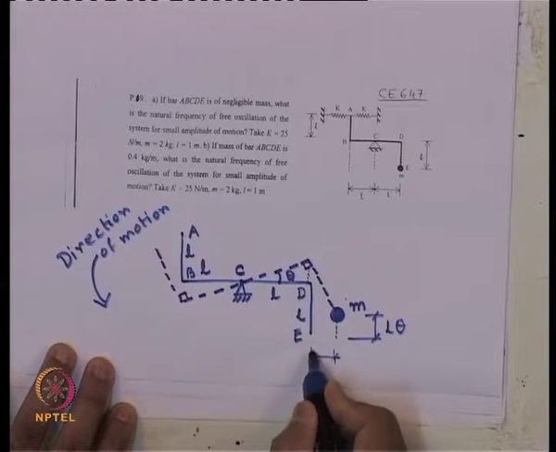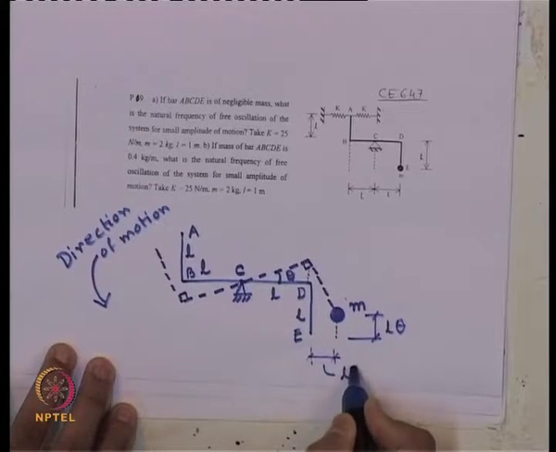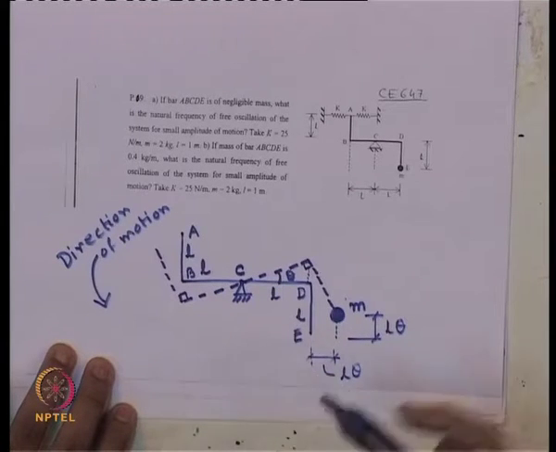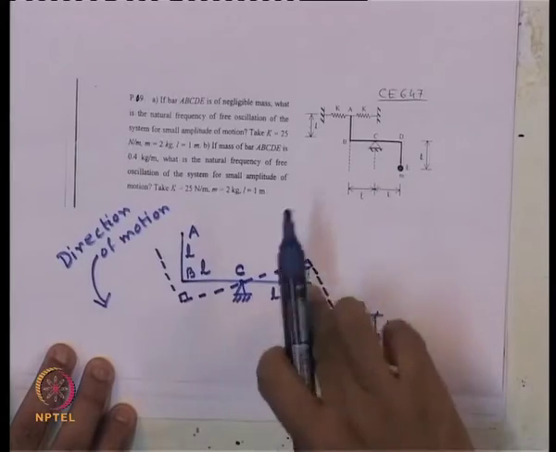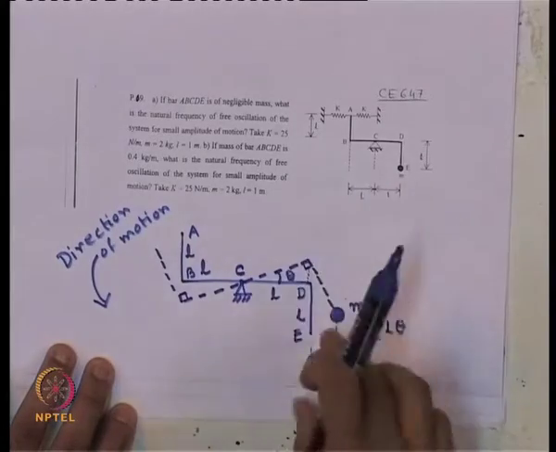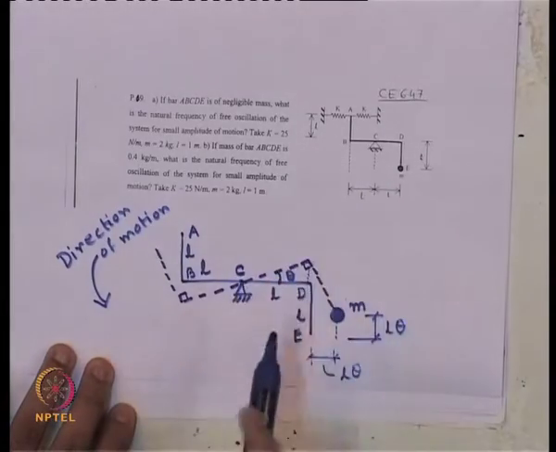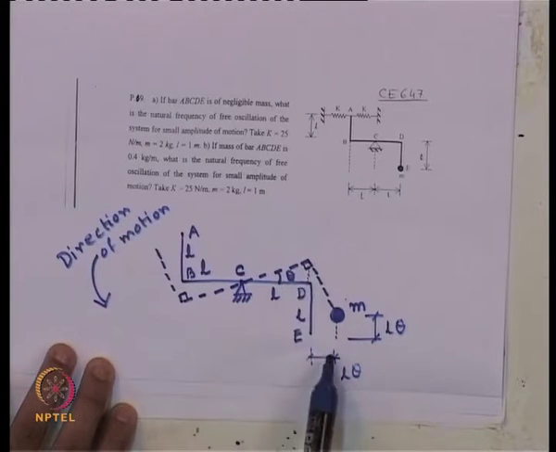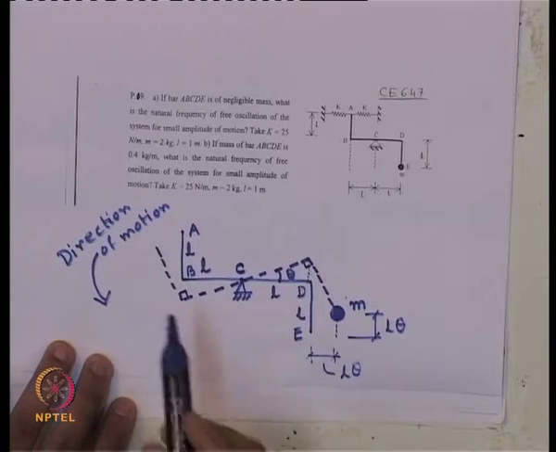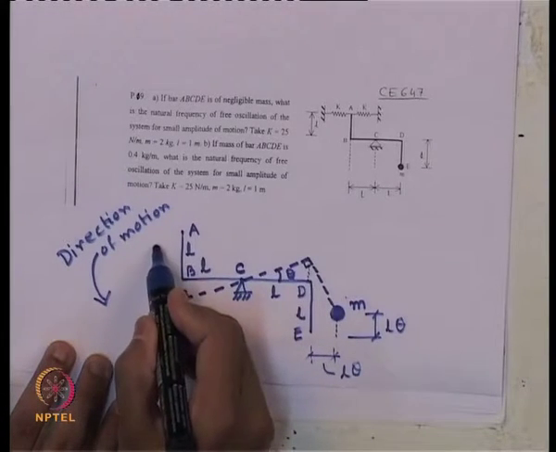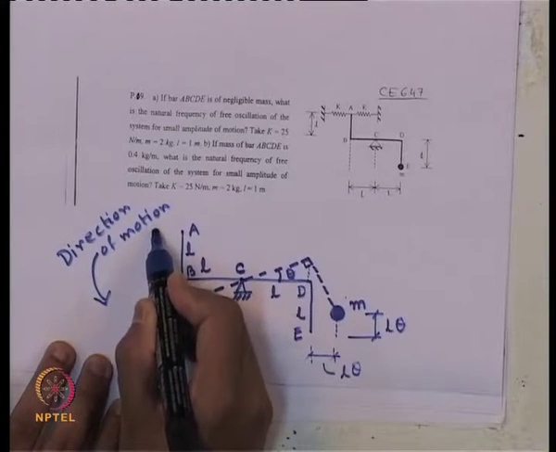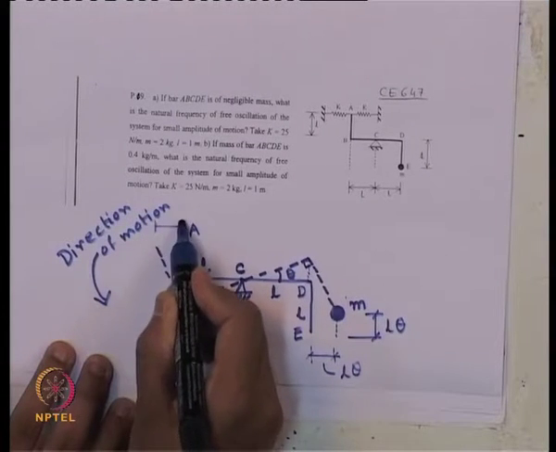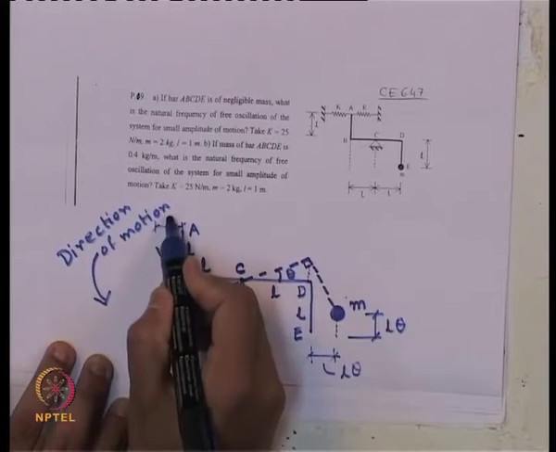It has moved horizontally by again L theta, because these dimensions are L. So, the vertical distance is L theta, and the horizontal distance is L theta. And at this point, the horizontal movement of the spring, that is also L theta.